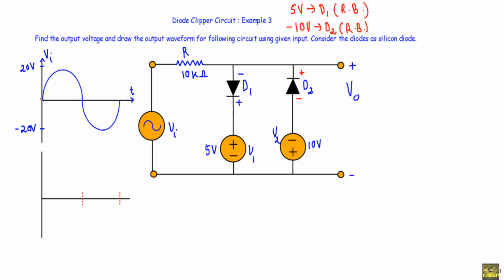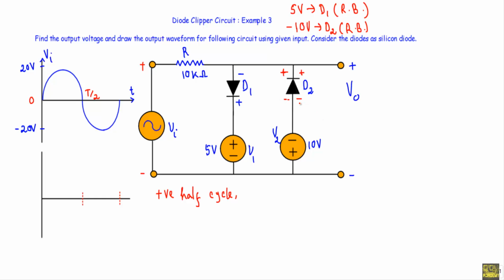Okay, now see, this is our input voltage from 0 to T by 2. This terminal will be at higher potential and this terminal will be at lower potential. Therefore, you will see during positive half cycle, this positive terminal is connected with the N side of the diode D2 and the negative terminal is connected with the P side of the diode D2.